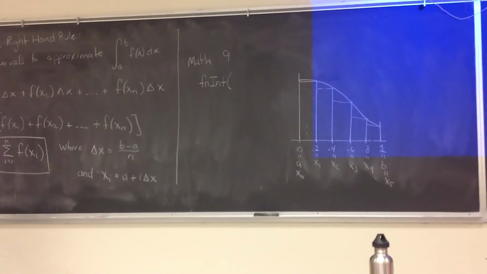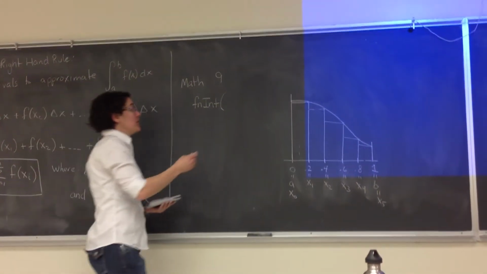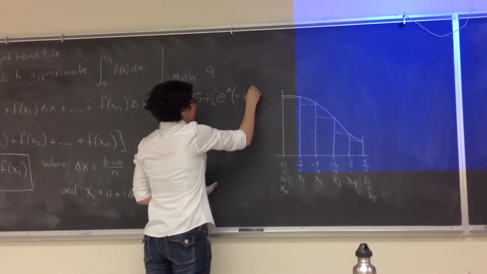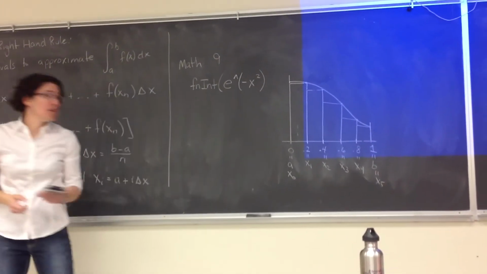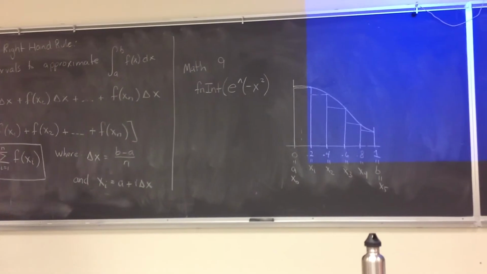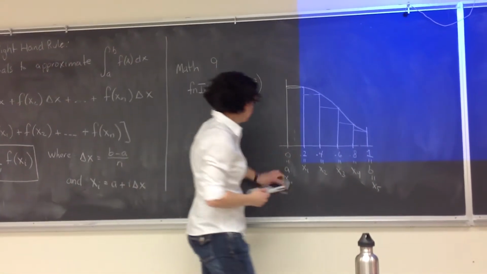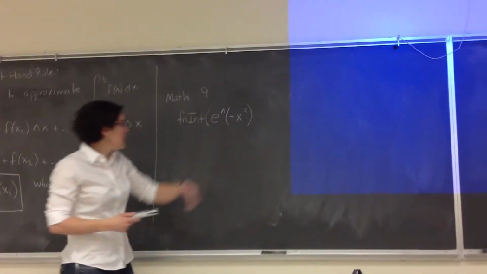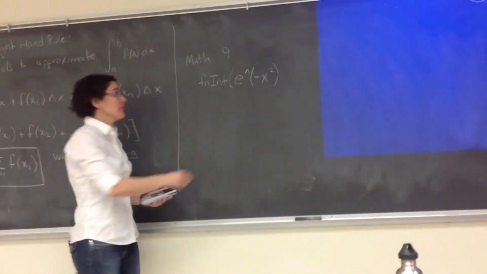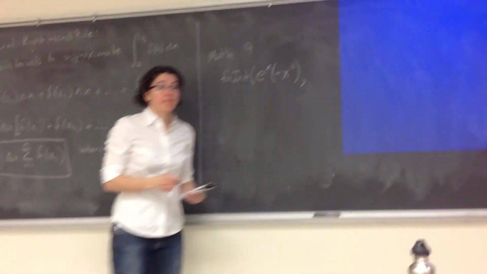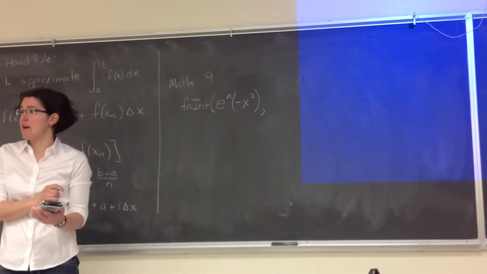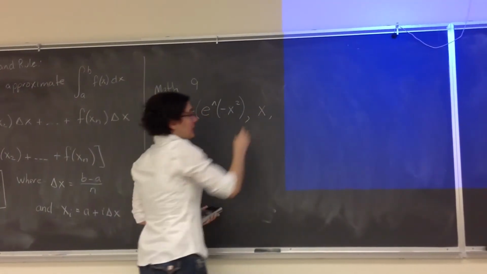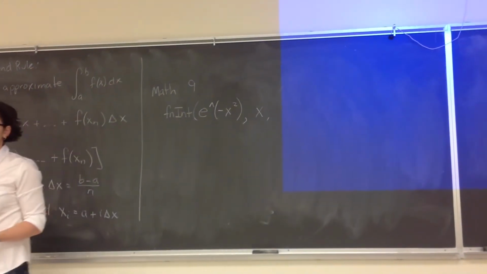And so once you get to that, then the next thing you want to do is type in the name of your function, which in this case is e raised to the negative x squared. So you hit enter on the fnInt, and then you type in e raised to the negative x squared, and then you want to put a comma in. Okay, and so there's a comma right below the sine function on your calculator. And you're going to integrate with respect to x. So that's the next thing that goes into your calculator.